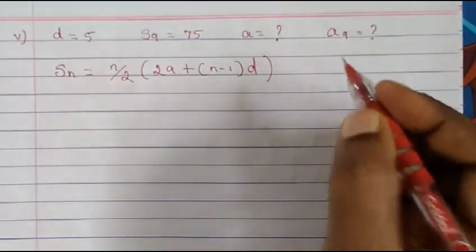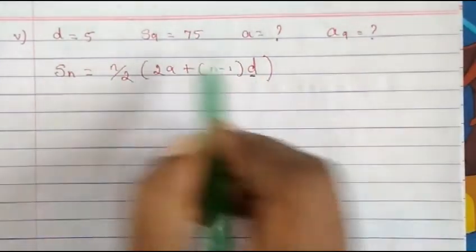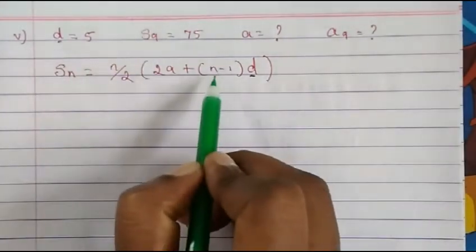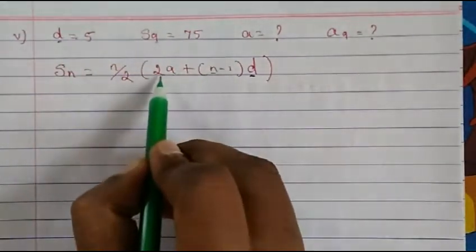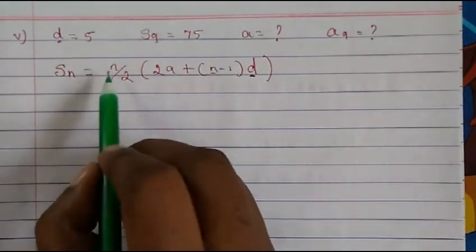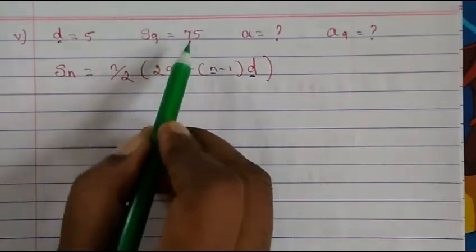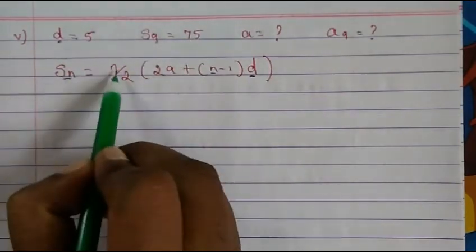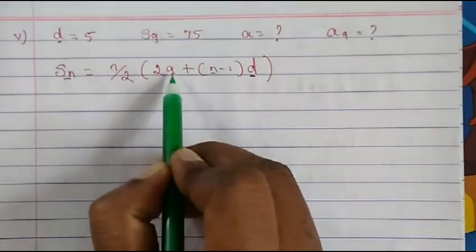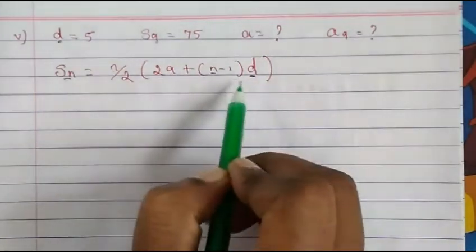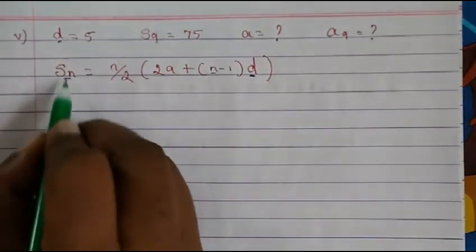This formula we can make use of because we know the d value, and n is 9, and Sn is 75, given to us. So only the a value is left to find out. So directly from this formula we can find out the a value.